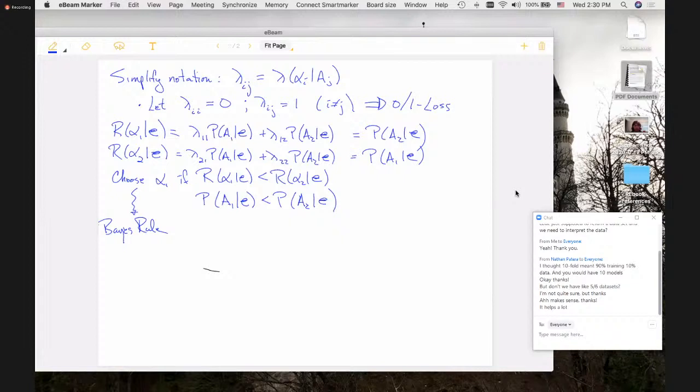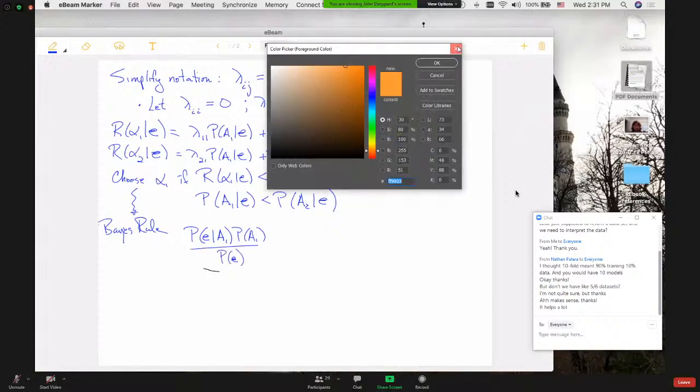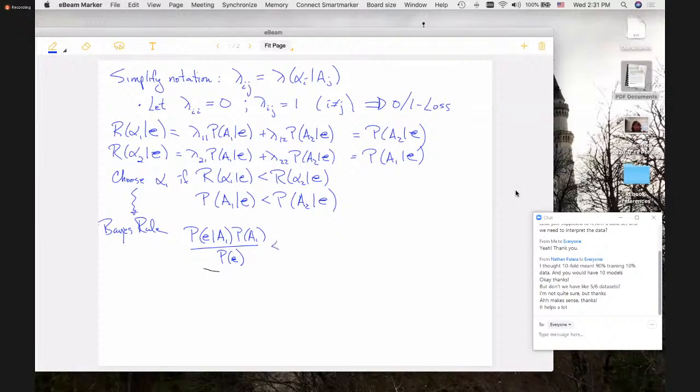And when we do that, now we get this inequality.